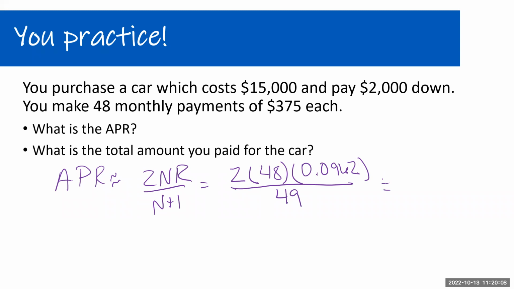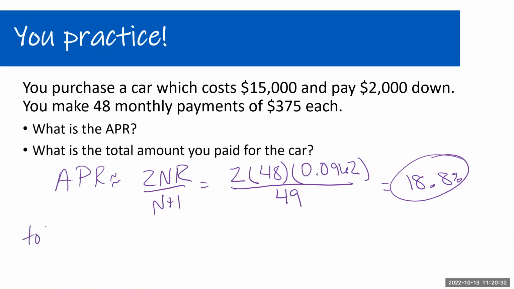And if we plug that in, we're going to get somewhere around 18.8%. Okay. So APR wise, you're paying 18.8% for that car. That is costly. And lastly, what's the total amount that we paid for the car?